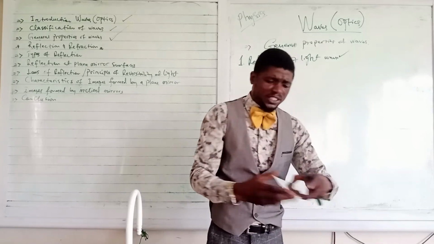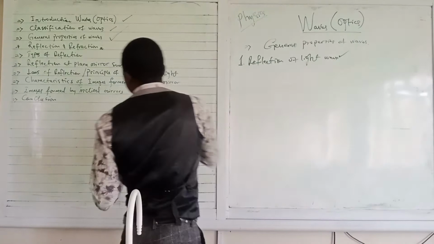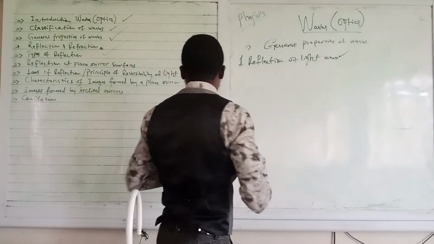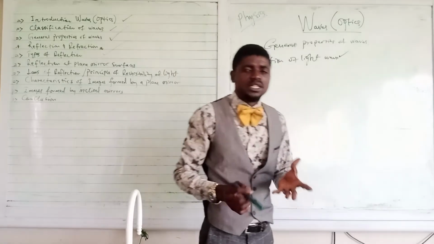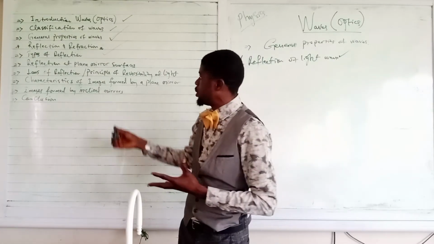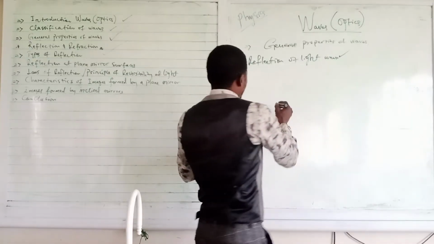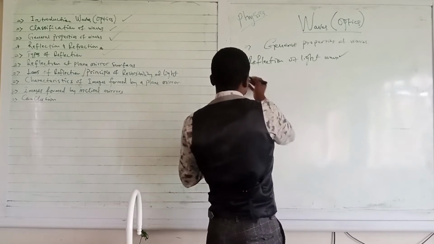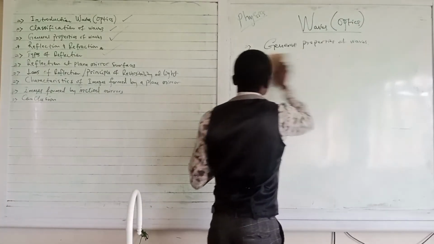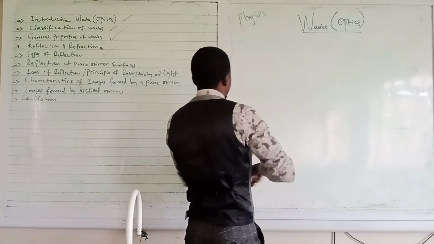So we want to look at reflection at plane mirror. Here we talk about the laws of reflection and also the principle of reversibility. The laws of reflection are simply just two of them. So let's look at them very, very quickly.